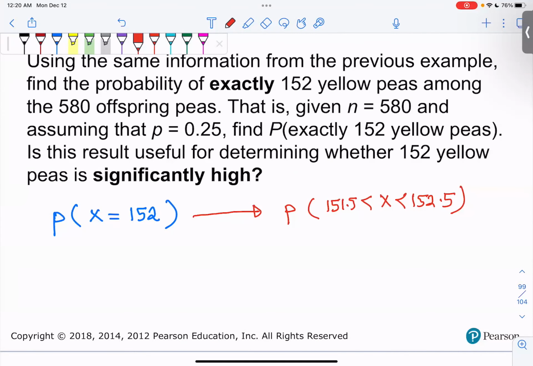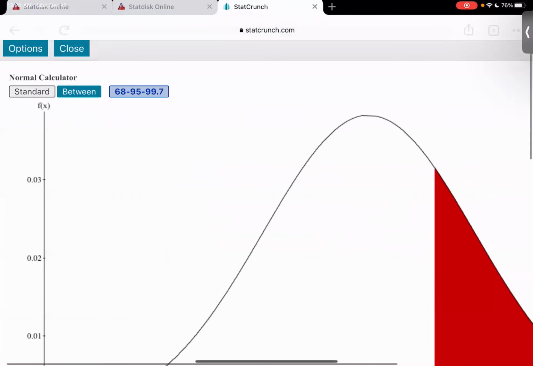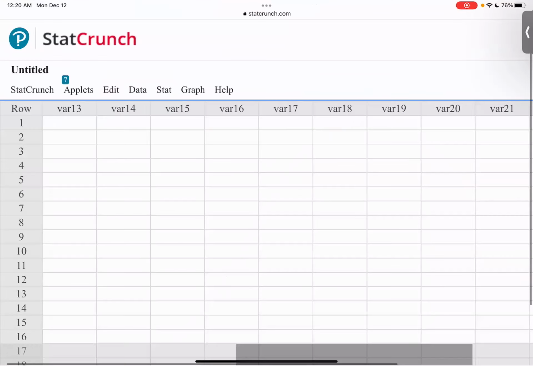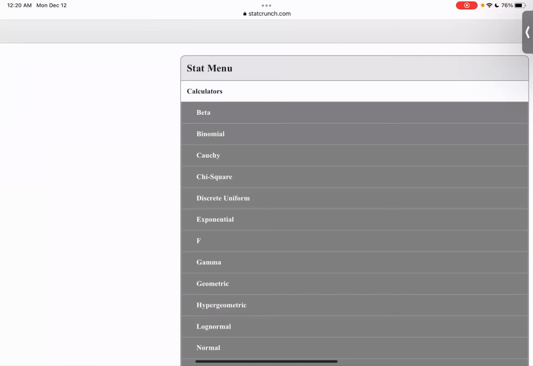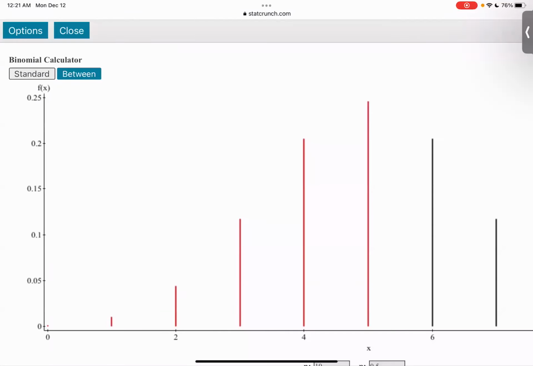Again, remember that we can use the binomial distribution. So we have n equal to 580, and p equal to 0.25. So if we go to StatCrunch, close this and go to stat, calculator, and then go to binomial, right?